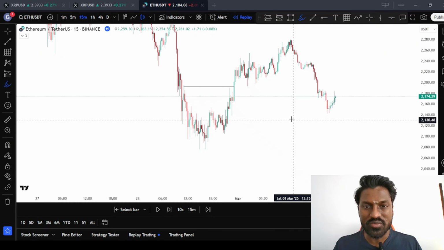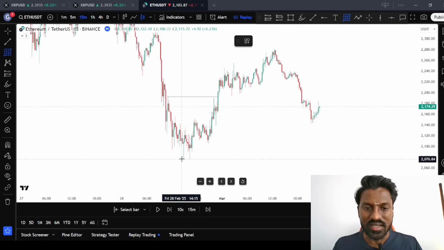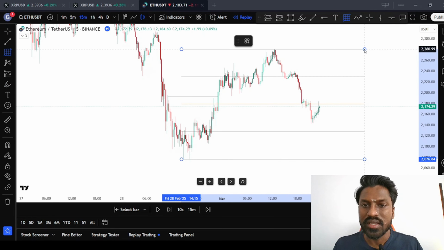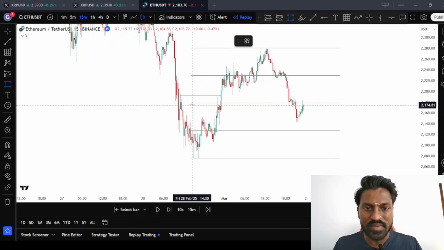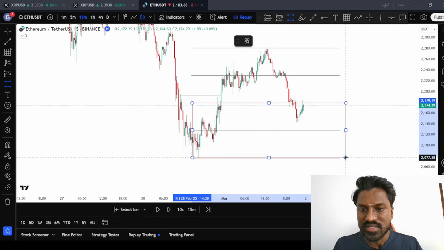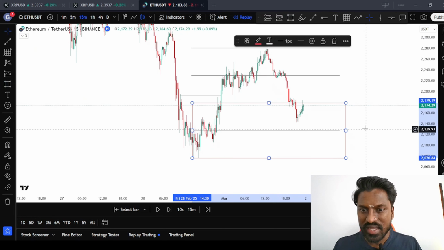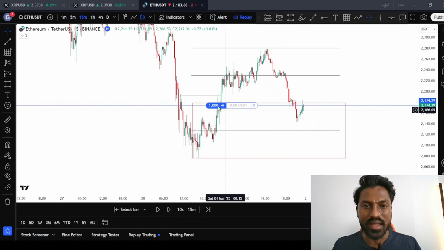Basically, what we do is we wait for mitigation. You can draw a Fibonacci level, and anytime price comes into our discount zone, anything below the 50% range is what we call the discount zone. So anything that comes below this discount range, this is where we would enter our buy.